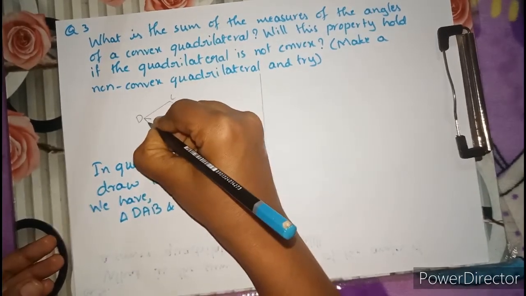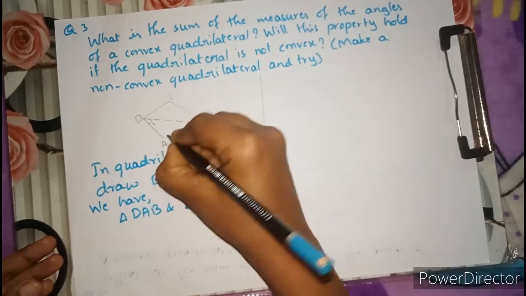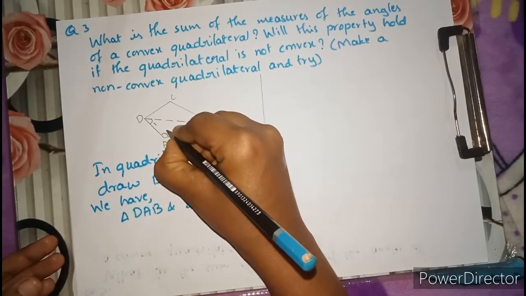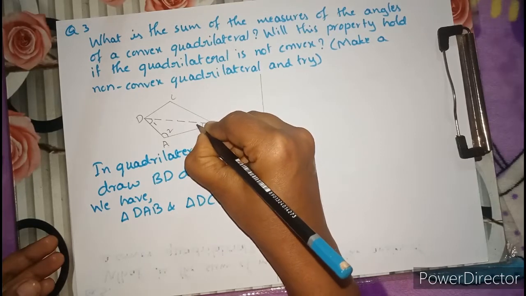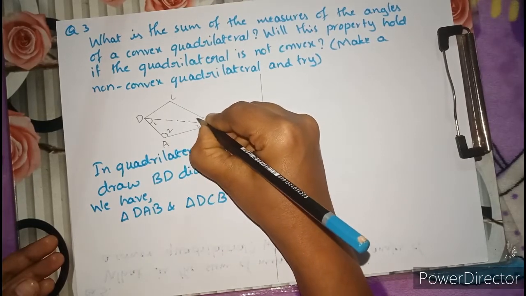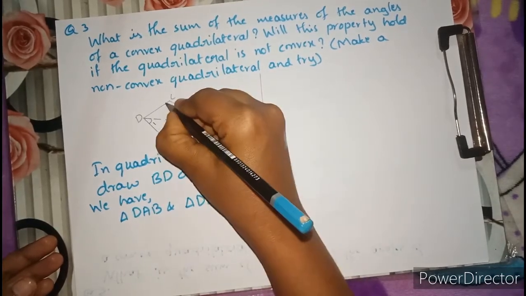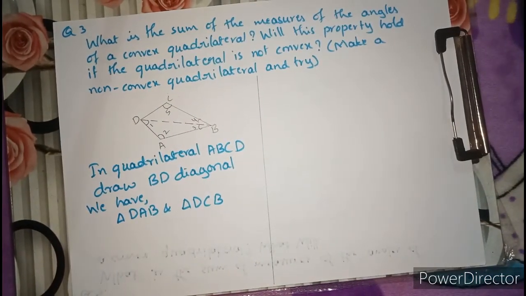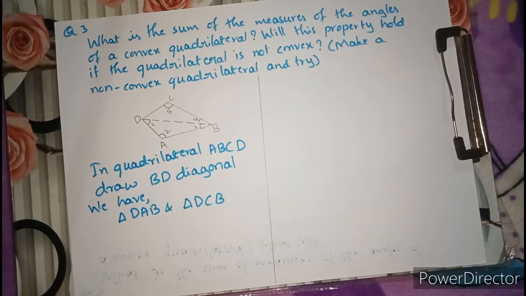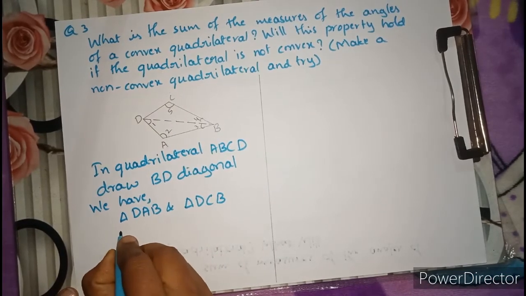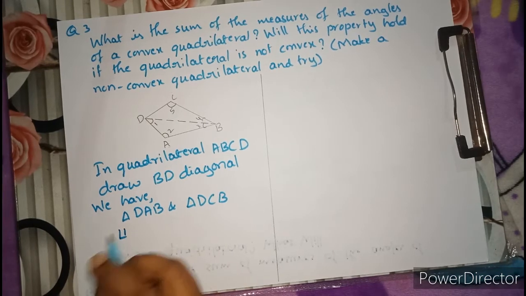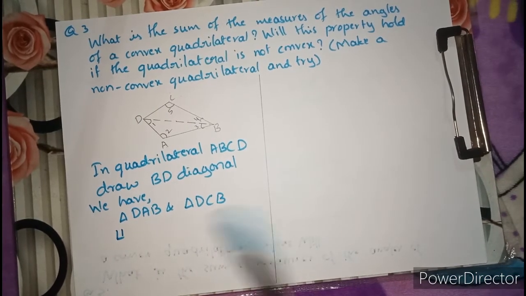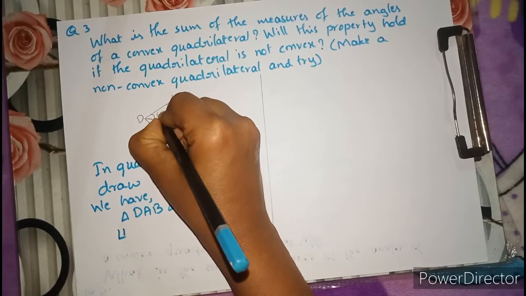We call these angles 1, 2, 3, 4, 5 and 6.